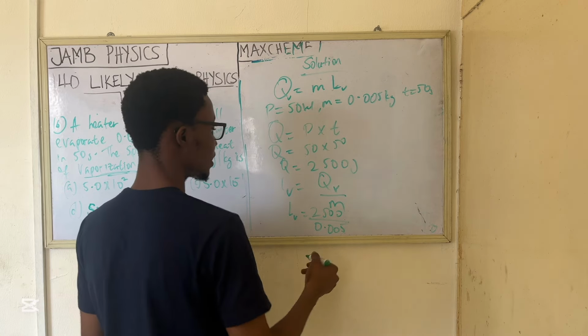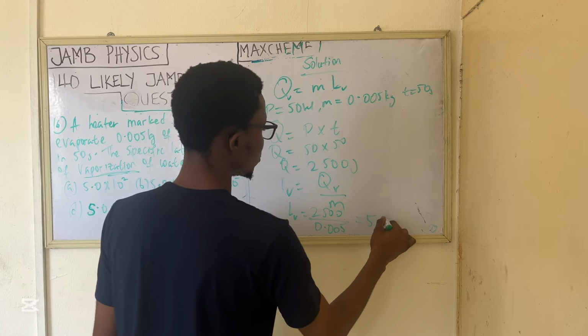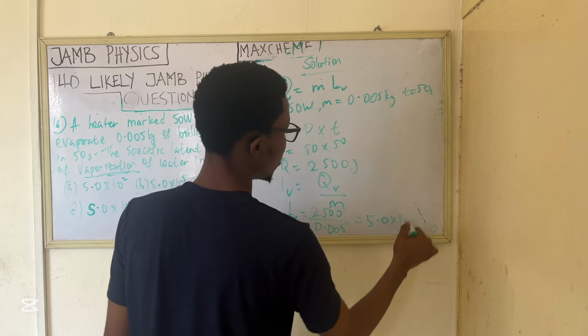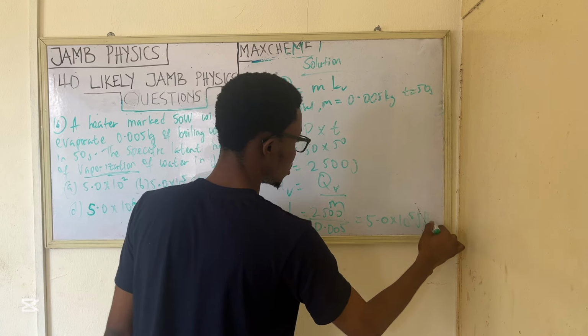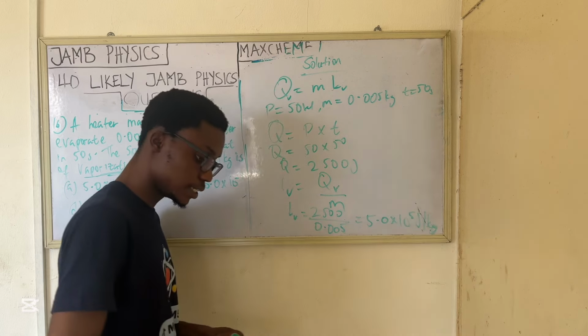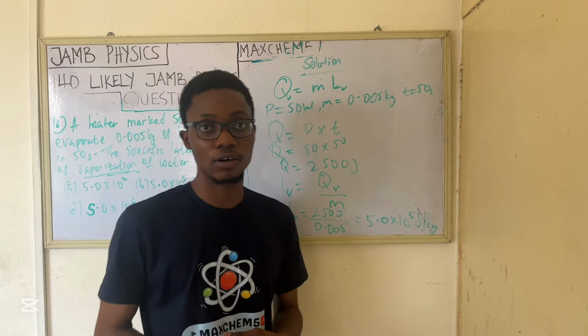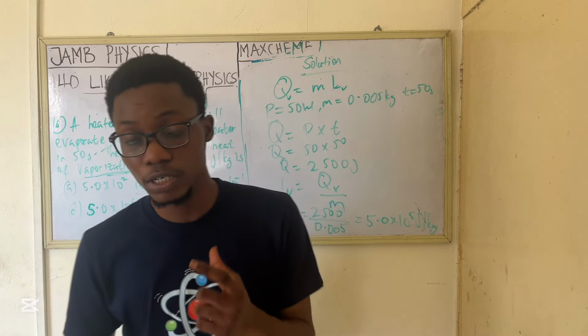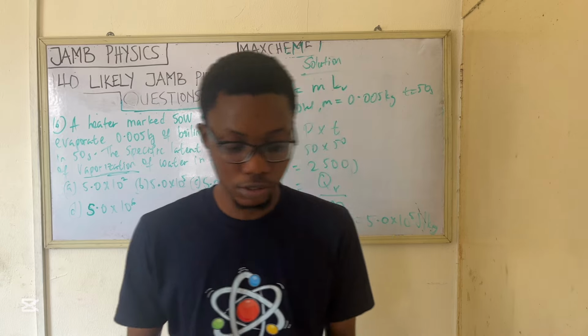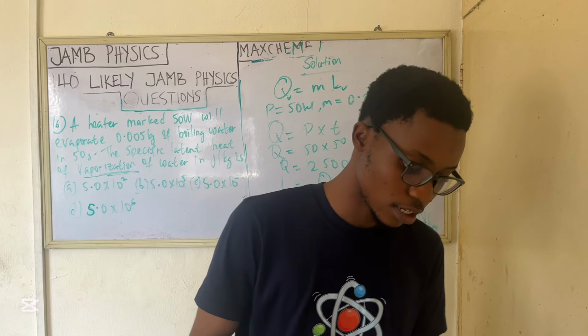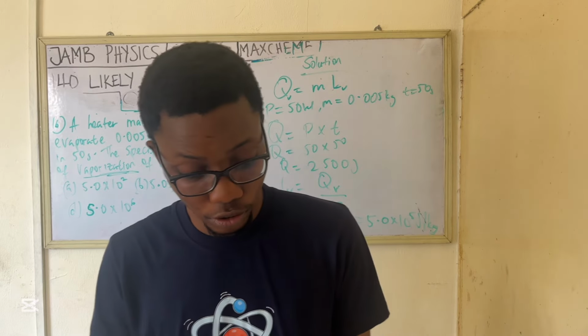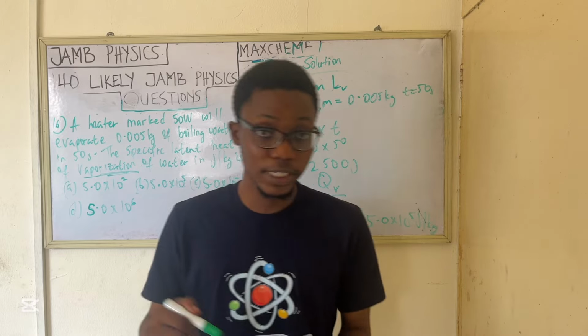So by the time you divide, it gives us 5.0 times 10 raised to power 5 joule per kilogram. So the key formulas you need to remember when it comes to heat are Q is equal to mc change in theta. That is, your Q, which is the quantity of heat, is equal to mass times specific heat capacity.